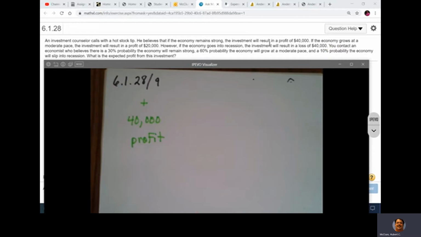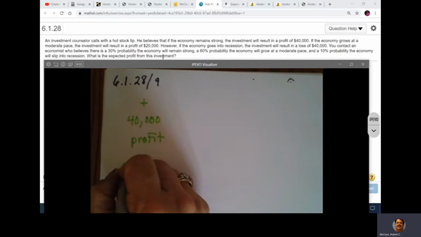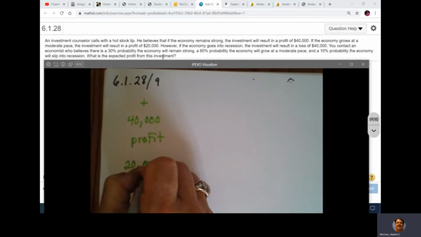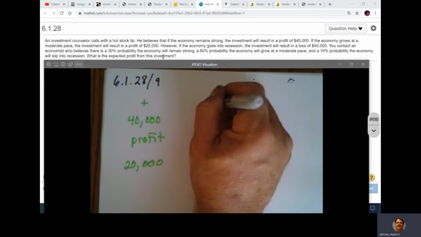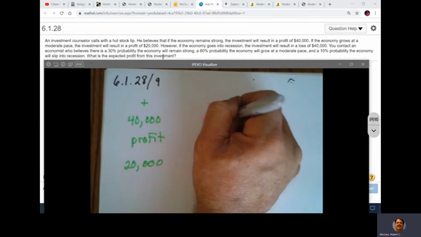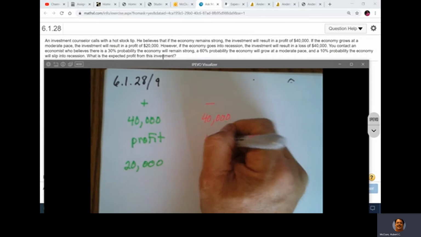If the economy grows at a moderate pace, the investment will result in a profit of $20,000. However, so there's another profit, $20,000 profit. Okay, however, if the economy goes into a recession, the investment will result in a loss. So we got negatives, a negative $40,000, which is considered a loss.